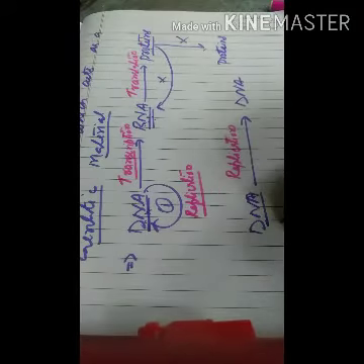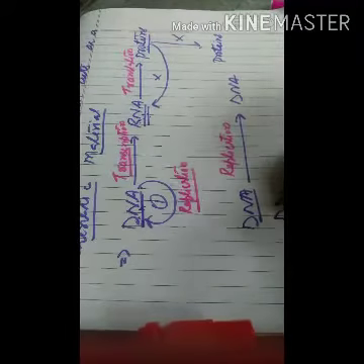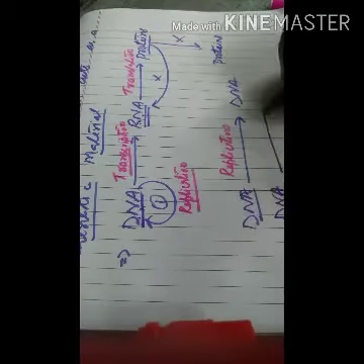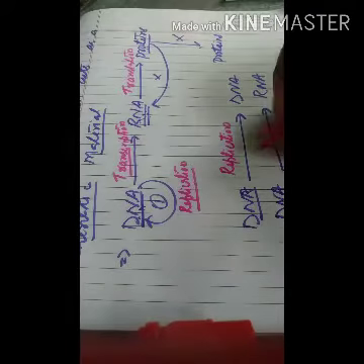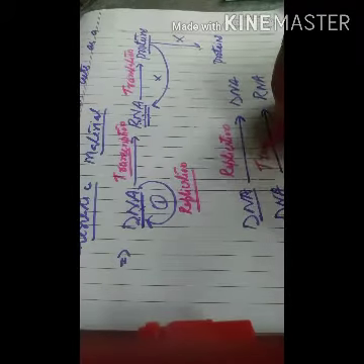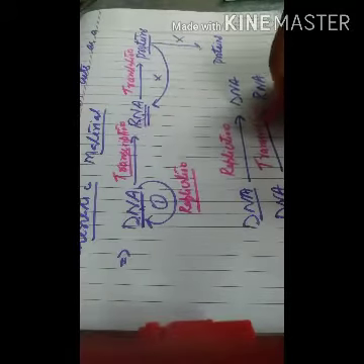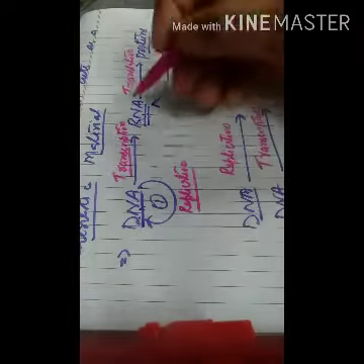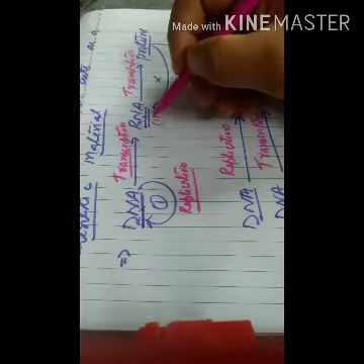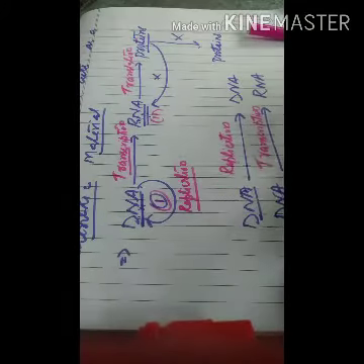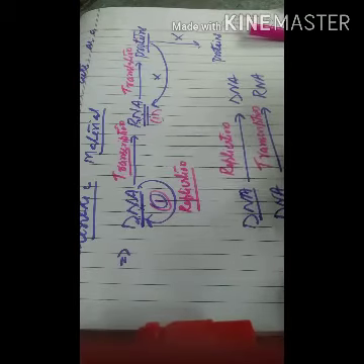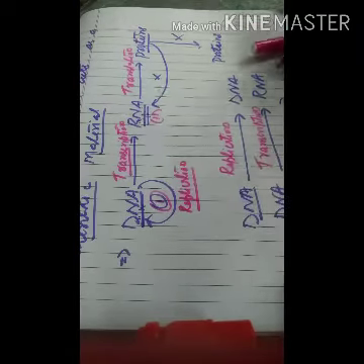Synthesis of RNA from DNA is known as transcription. That is the second process. And from RNA, the information is carried for the synthesis of proteins by a process known as translation.